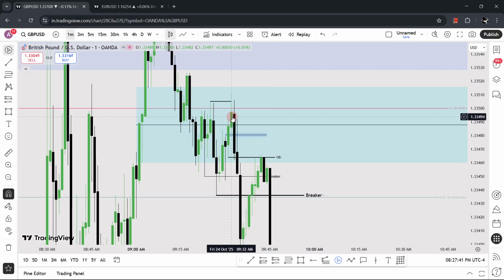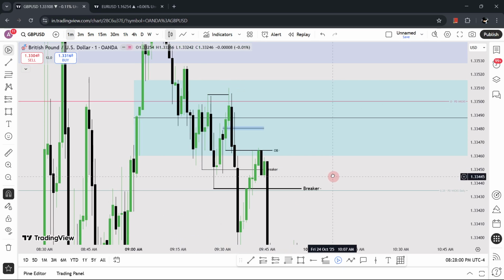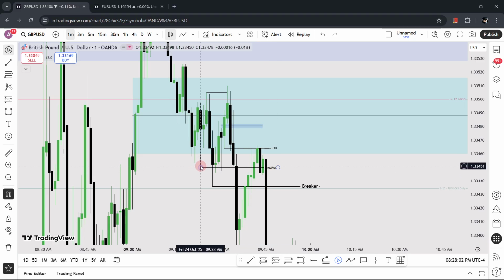Then these two upmost candles taking this buy side can be considered as an order block. This low, higher high, lower low can be considered as a breaker, and similarly here, higher low, lower low, higher high. So this is a breaker that I just mentioned for the time being.